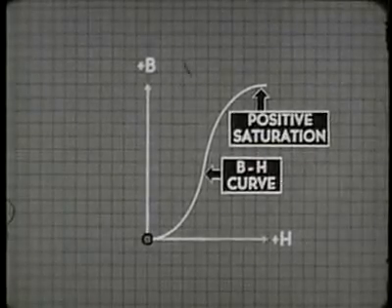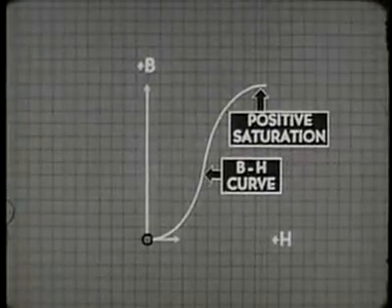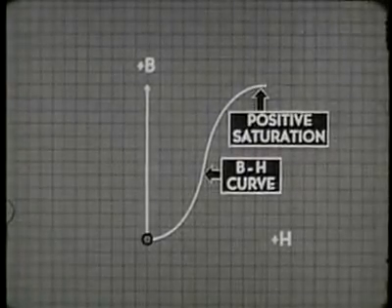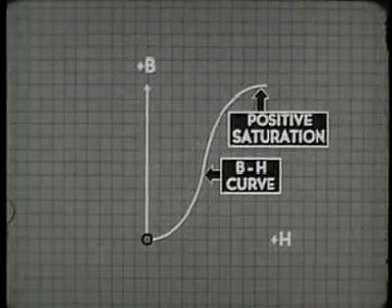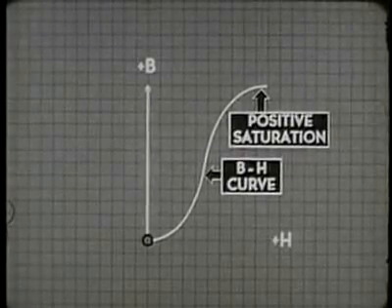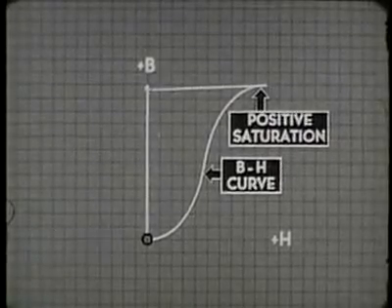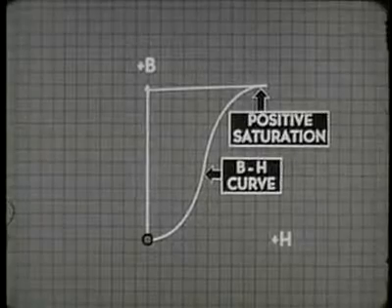If we now reduce or stop the magnetizing force, for all practical purposes, there is no change. The core material retains most of its magnetism. Here's how we plot this fact on the graph. The BH curve is brought back to the zero line on the horizontal scale.